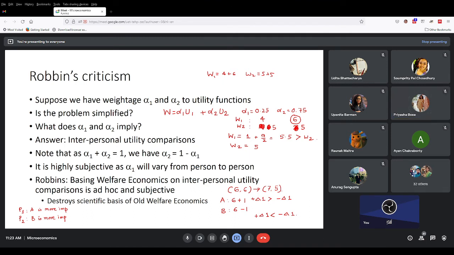So basically what happens is that if you allow interpersonal utility comparisons, the advantage is that you can always choose between possible equilibrium. Right? But what is the disadvantage? The disadvantage is that your decision making will be ad hoc and subjective, not scientific.